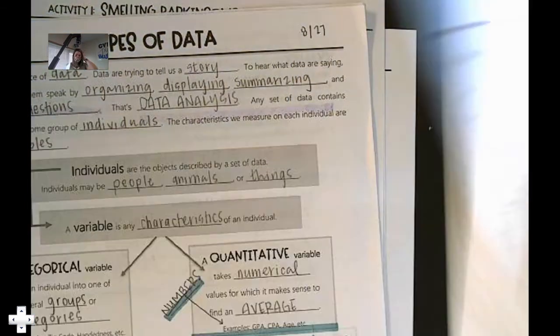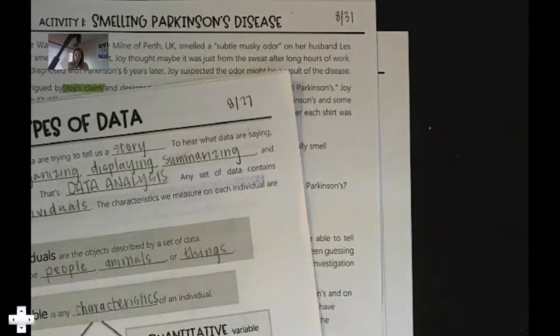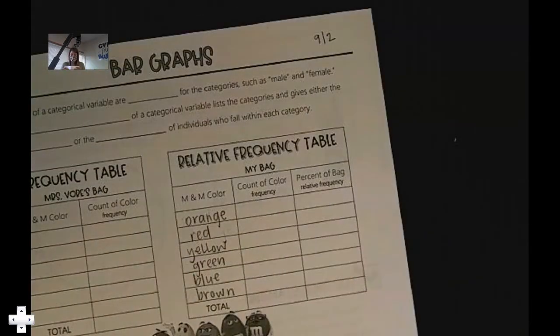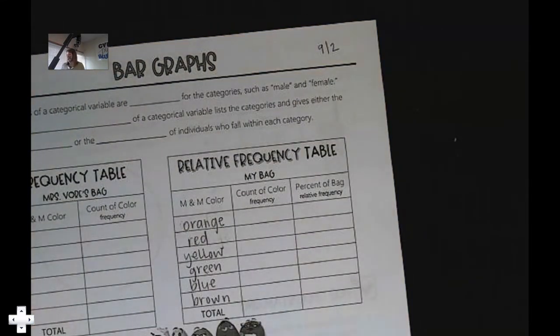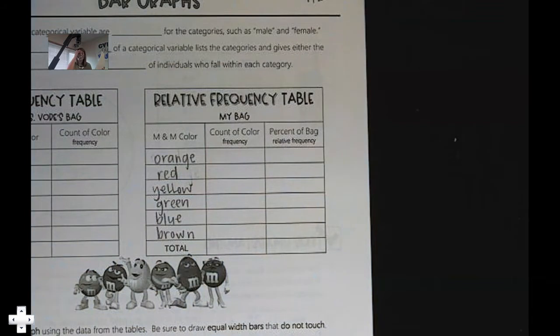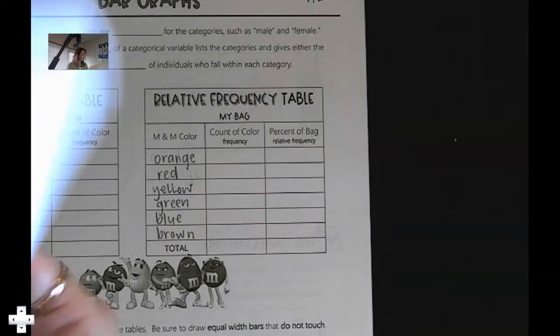You don't have to do that, but if I do any kind of organizational thing to keep my stuff in order, I try to share that with you so that you can do that as well if you would like. So the first part of what you're doing at home between now and Wednesday is counting up the colors of your M&Ms.